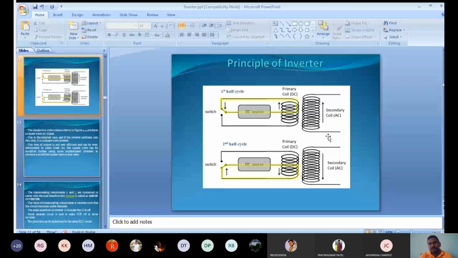According to that, the secondary voltage or secondary current we are getting is also changed; the direction is also changed in the secondary coil. So this is the principle on which the inverter operates. This is the simple case we are discussing for the inverter.